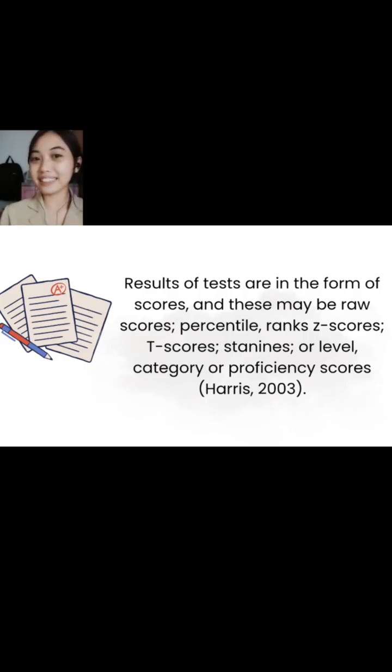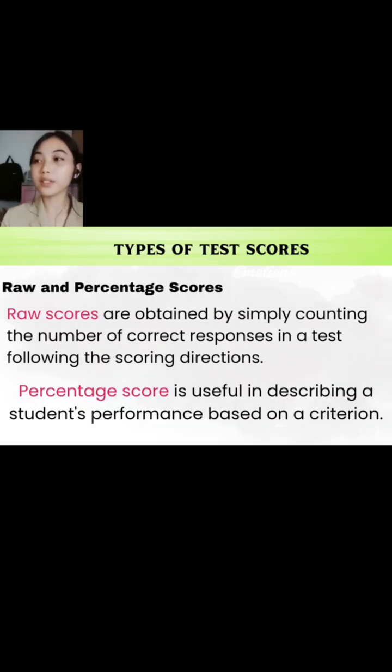So, what are raw scores and how can we determine them? Raw scores are obtained by simply counting the number of correct responses in a test following the scoring directions. For example, if there are 50 items in a math test and the student gets 30 correct responses, the raw score is 30 over 50.